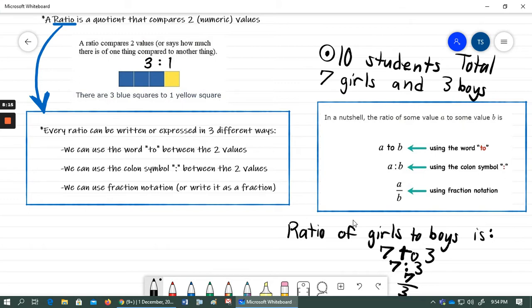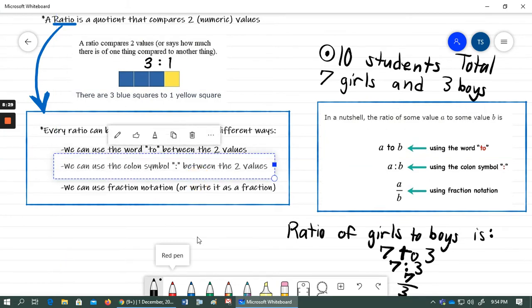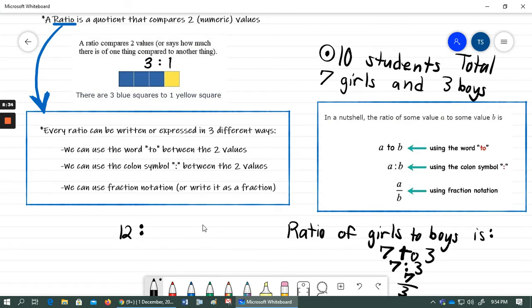Again, you can use the word to, or you can use the colon symbol, which is that symbol right there. Okay, it looks a little weird. It's the same symbol that's used when you're telling time, like 12 o'clock p.m. That symbol right there is a colon, right?